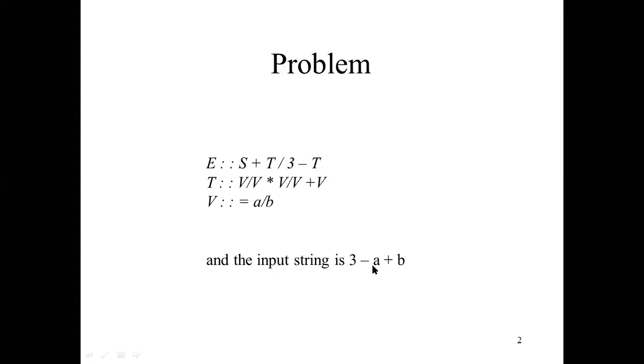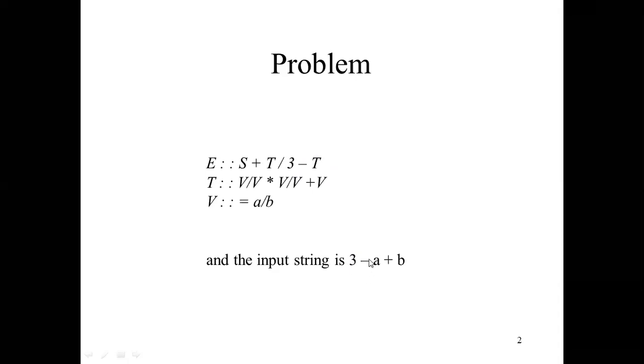Because in the input string you can see already here is 3 minus A. Then how will we achieve this 3 minus A? So it is mandatory, it is necessary that we must choose this option, because if we select this option, then we can get easily 3 minus A.